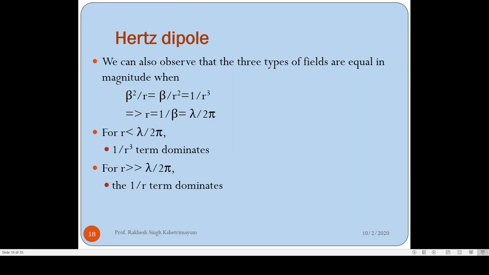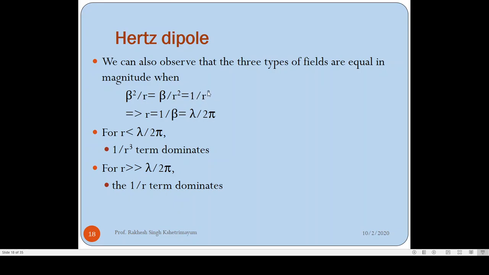We can also observe that there are three types of fields, and these three types of fields are equal at a certain distance. This is the component which is dependent on 1 by r, these are components which are dependent on 1 by r square, and this is the component which is dependent on 1 by r cube.